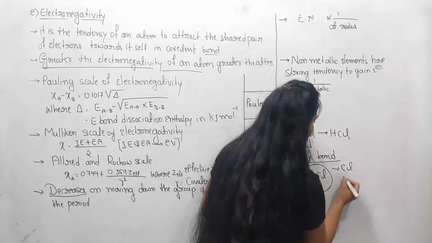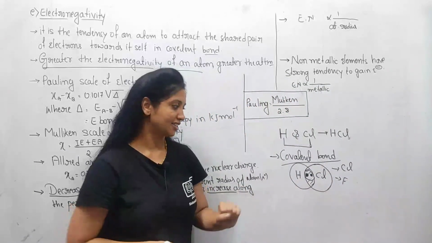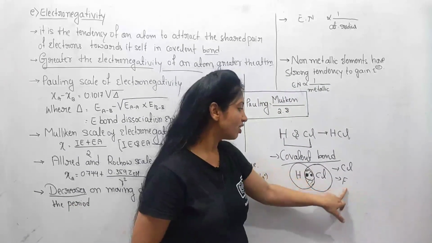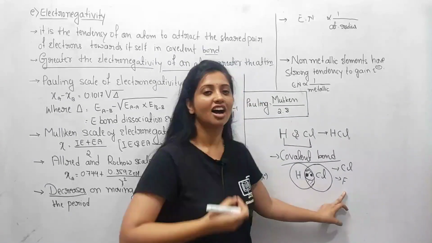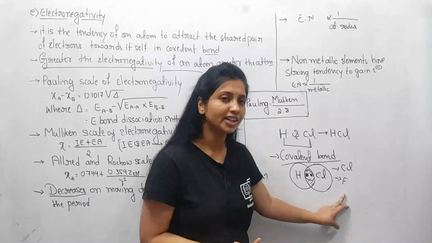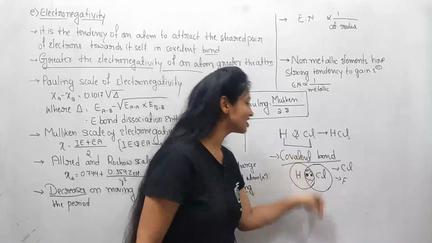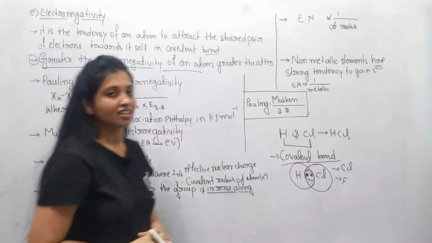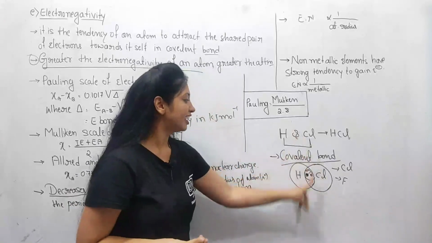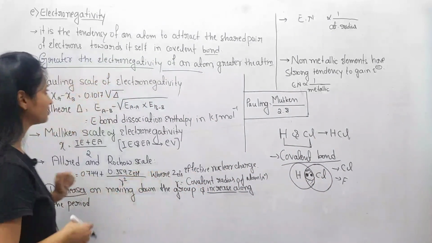If I say fluorine is a more electronegative atom, then what is the meaning of that? It means fluorine has the highest or more tendency to attract these shared pair of electrons towards it. So this is the meaning of this point: the greater the electronegativity, the greater the tendency to attract the shared pair of electrons towards itself.